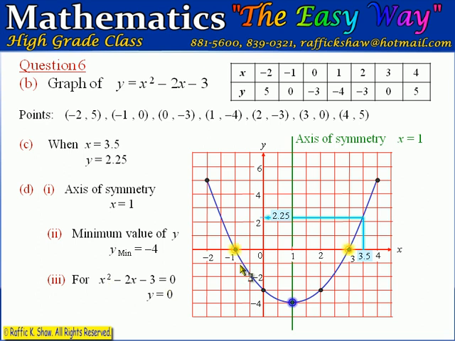At those 2 points, the x values that satisfy this quadratic equation are x equals negative 1 for this point, and x equals 3 for this point. So those are the x values that represent the solution for this quadratic equation. And that's the answer for question 6. We'll look to do question 7 in our next video. So see you then.